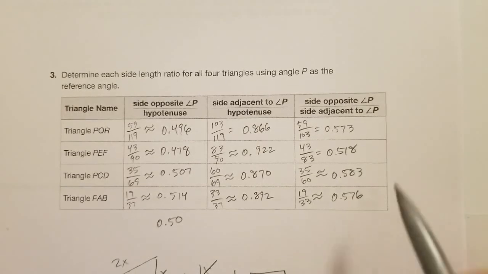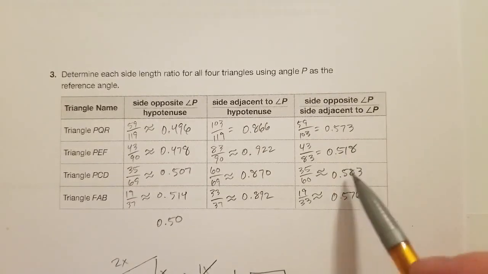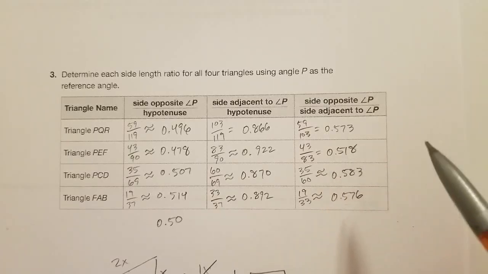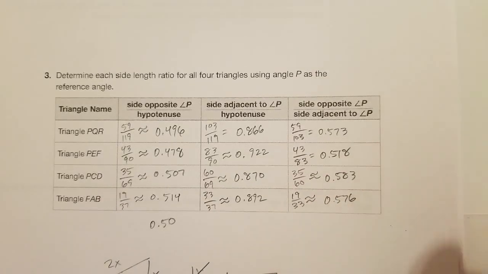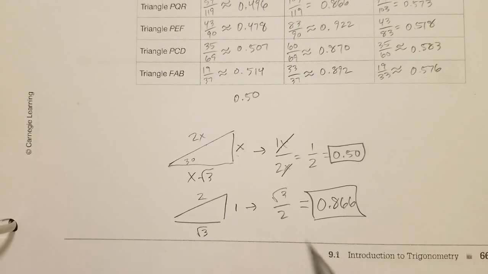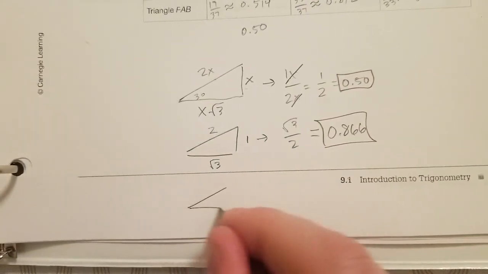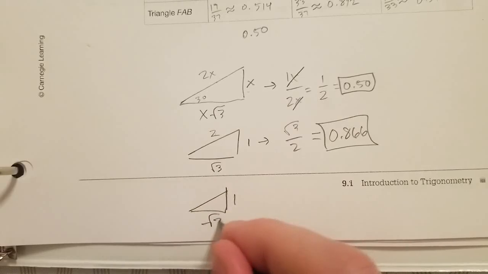So I'm noticing that all of these are 0.5 something. It looks like it's hovering around the middle, like 0.57-ish, somewhere around there. And if I look at my 30, 60, 90 right triangle, if I have the side opposite divided by the side adjacent, that's going to look something like this. Here's my 1, here's my rad 3.